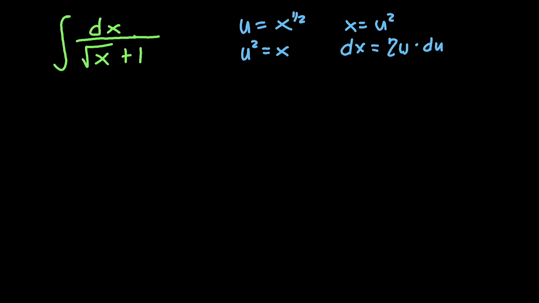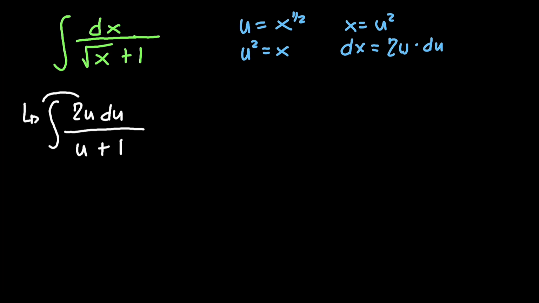And so, let us start substituting it. It would become the integral of the value of dx, which is 2u du, over the value of square root of x, which would be u, plus 1.